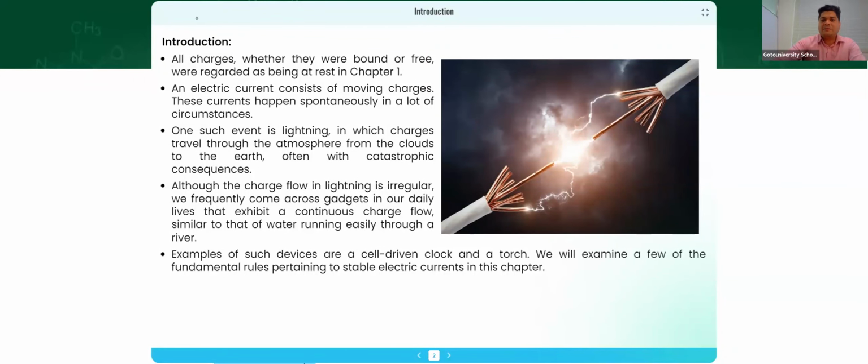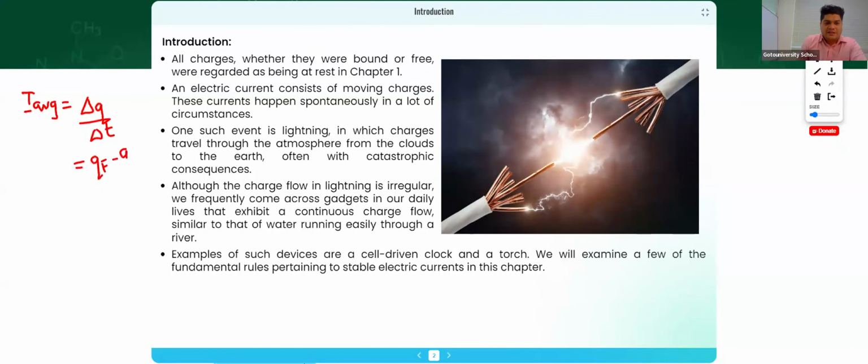Average current, you will represent as I average, and that will be equal to change in charge per unit time, that is, change in charge over change in time. What is change in charge? Final charge minus initial charge, over final time minus initial time.